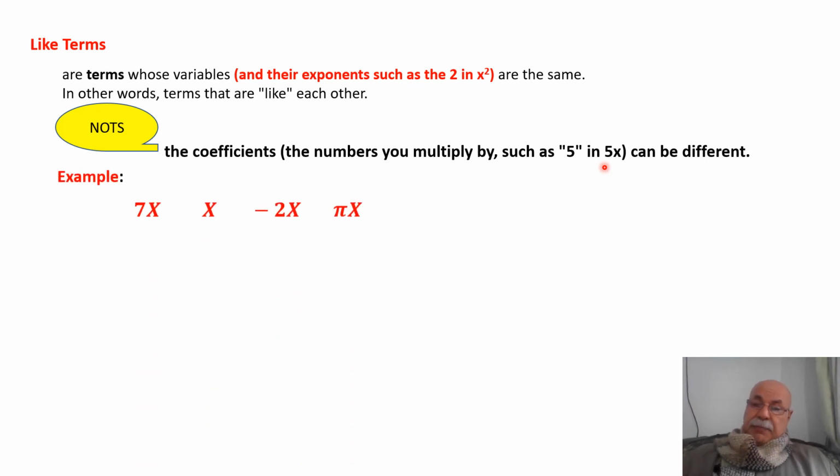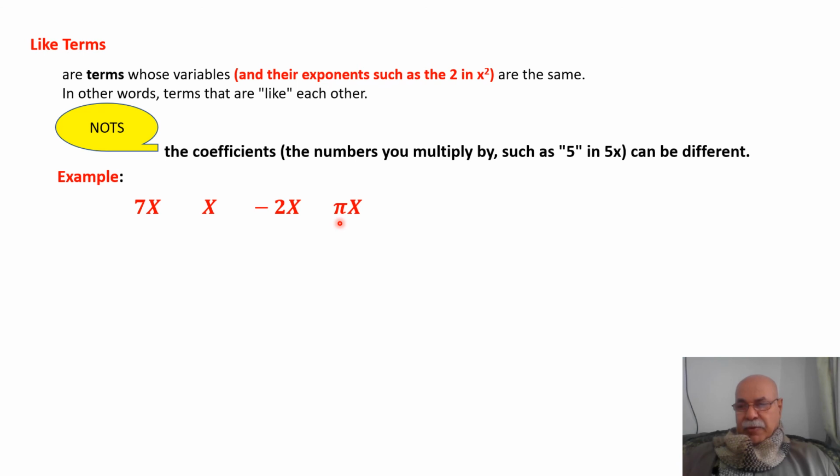For this example, you can see we have this polynomial: term 1, 2, 3, and 4. You see all the variables are x. Here 7 times x, now minus 2 times x, and p and this times x. Pi is times x.